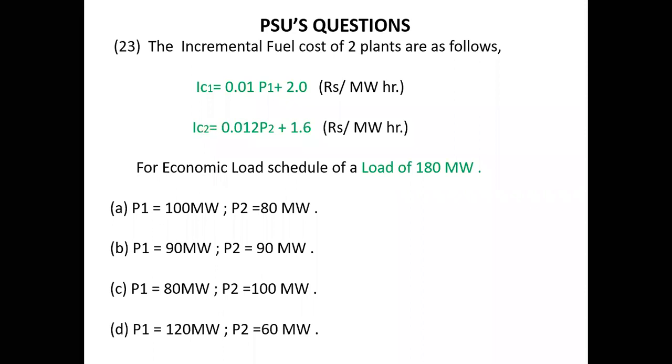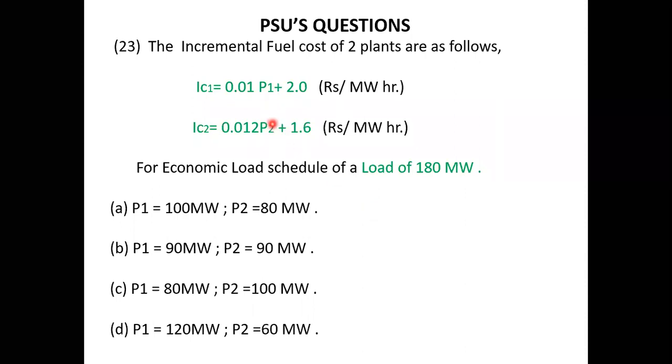Simple. When you observe this IC1 and IC2, this is nothing but incremental fuel cost. From the observation, what we conclude is, if the incremental fuel cost of a particular power plant is more, then automatically it will take less power. Understanding, everybody? If the incremental fuel cost of your power plant is less, it will take more power.